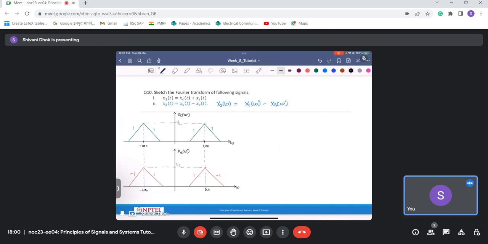So now we'll basically have subtraction of these two signals, which will look something like this. This is omega. So this is basically x2 of omega. Let's say this is omega naught and this is minus omega naught.